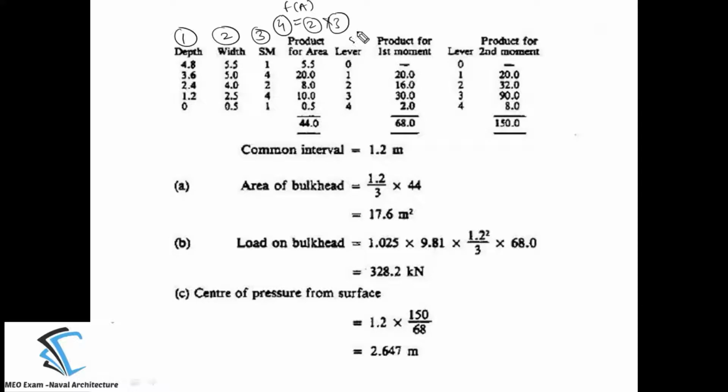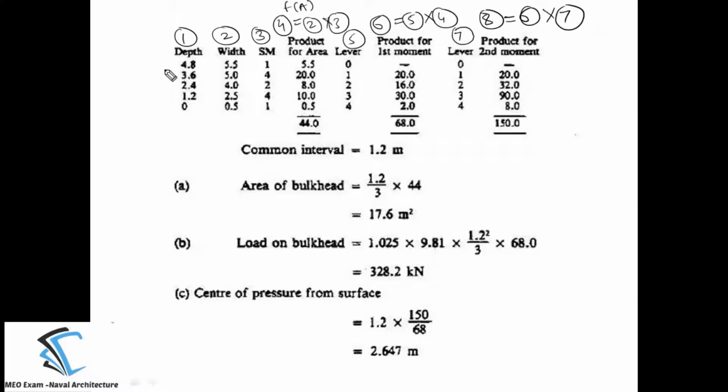Column number 5 is the lever. We are taking the reference as the top of the bulkhead. Column number 6 is column number 5 multiplied by column number 4. Column number 8 is column number 6 multiplied by column number 7.